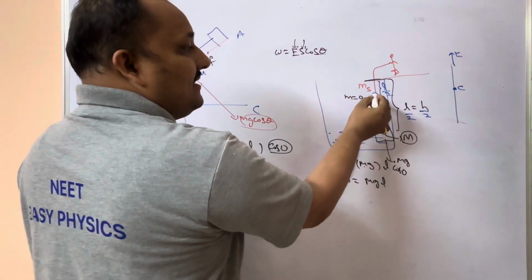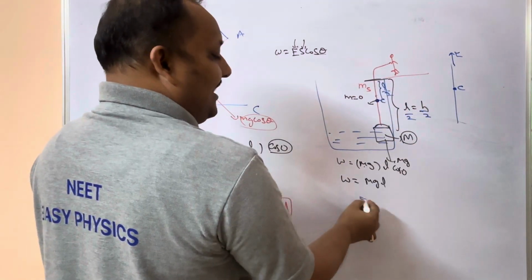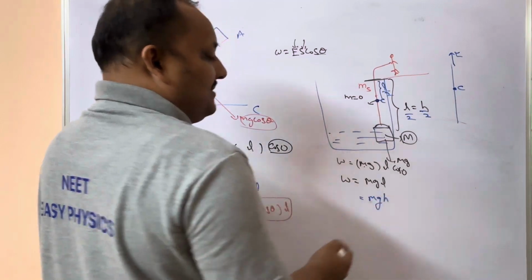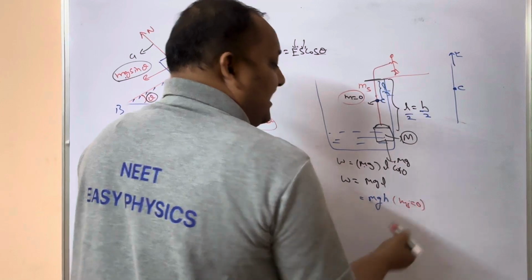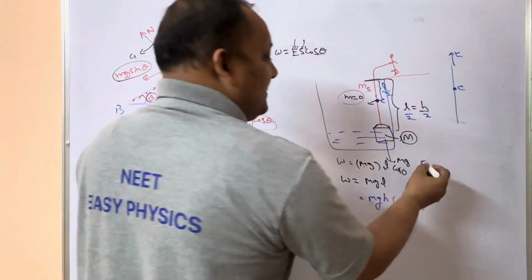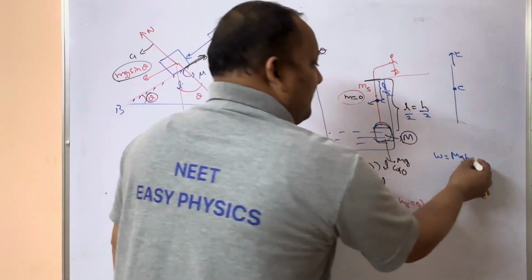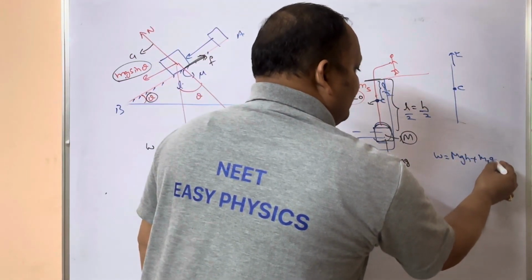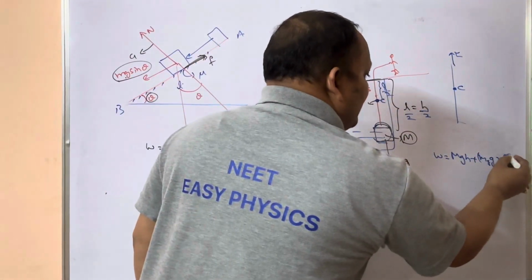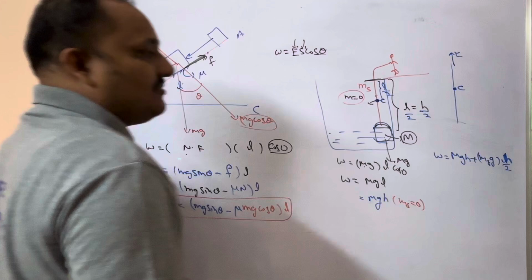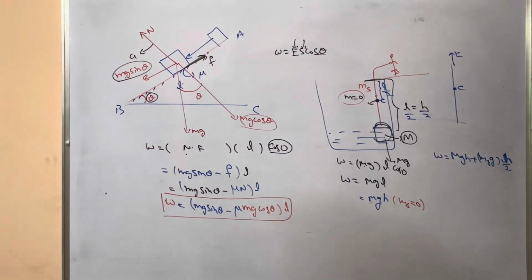He is pulling this rope H by 2 height, but the bucket H height. Therefore, for the bucket it is mgh. Whenever mass of the rope is 0 it is just that. If you consider mass of the string also, W equals work done on this bucket plus mass of the string into g, into how much height he is pulling? L by 2, or H by 2, or depth by 2. So that formula is going to be important. You have to take it carefully.